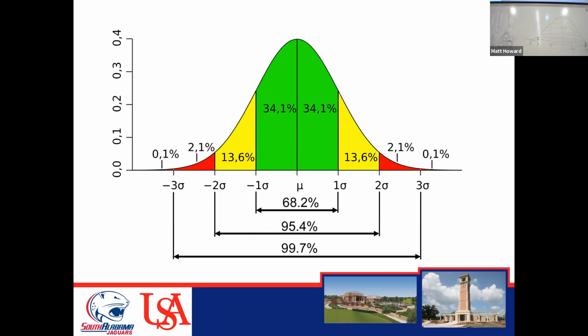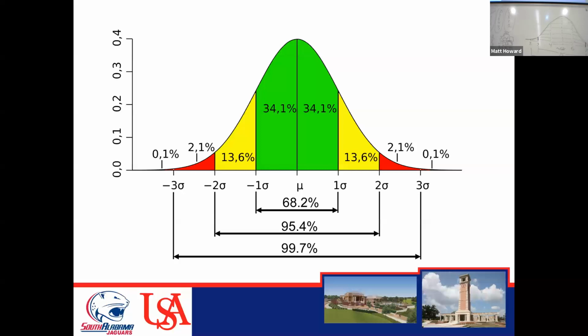So the normal distribution just says we have a bell-shaped curve, and it says the percentages of our data fall within these exact boundaries. It's roughly 68% within one standard deviation, roughly 95% within 2 standard deviations, and roughly 99.7% of our data within 3 standard deviations.